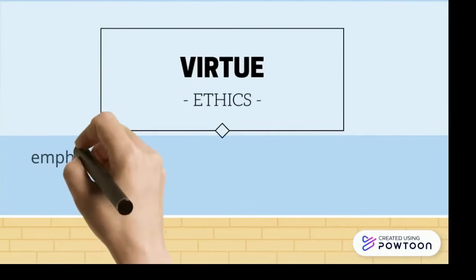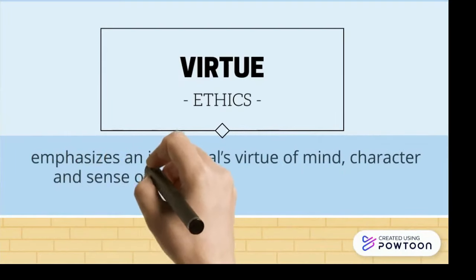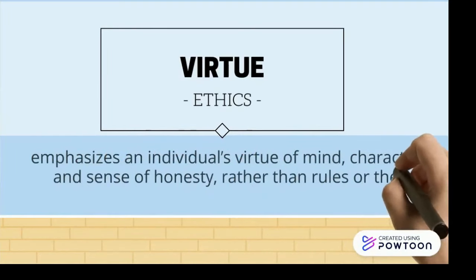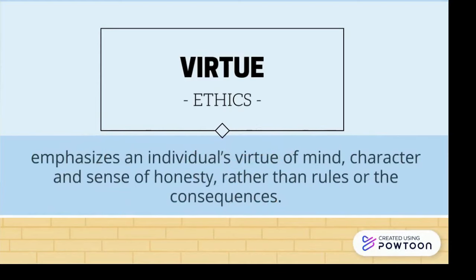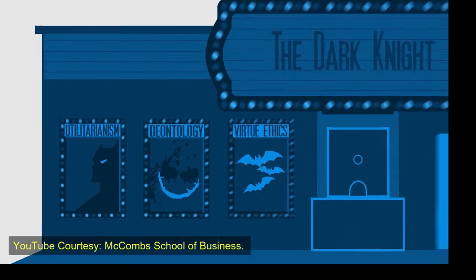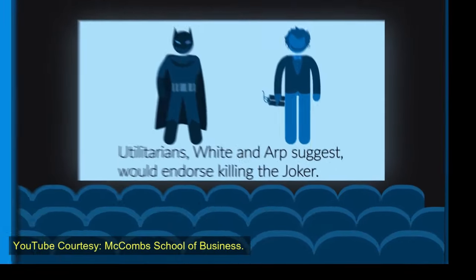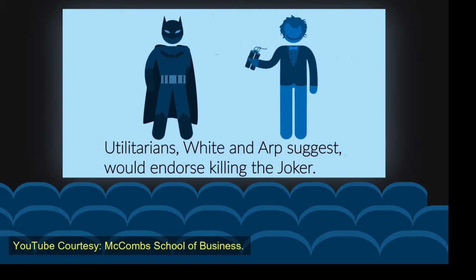Virtue ethics are normative ethical theories which emphasize an individual's virtue of mind, character, and sense of honesty rather than rules or the consequences. For example, let us illustrate this through the film The Dark Knight, where Batman has the opportunity to kill the Joker. According to White and Arp, utilitarians would endorse killing the Joker.